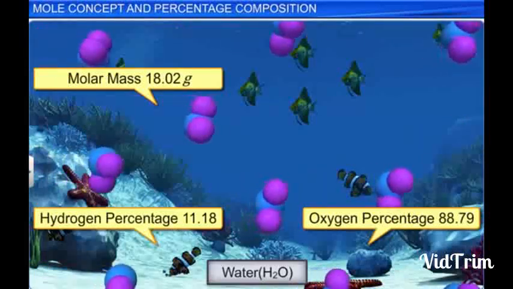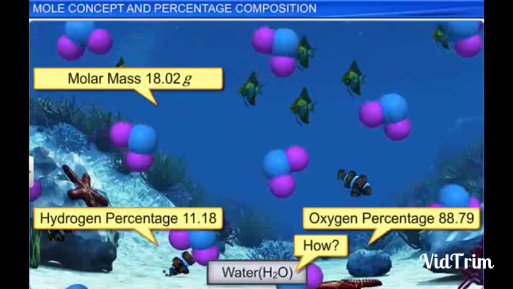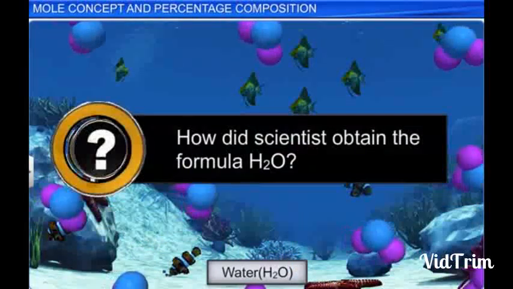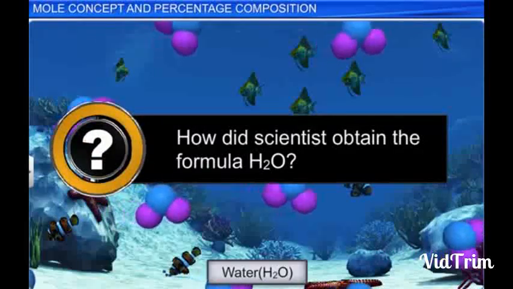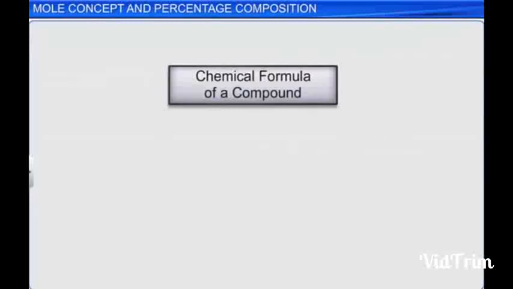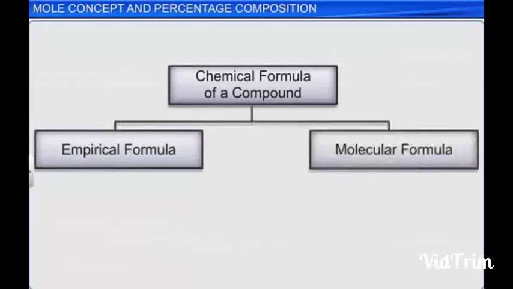But how does one arrive at the chemical formula of a compound? In other words, how did scientists obtain the formula H2O? The chemical formula of a compound is derived from 2 parts, the empirical formula and the molecular formula.